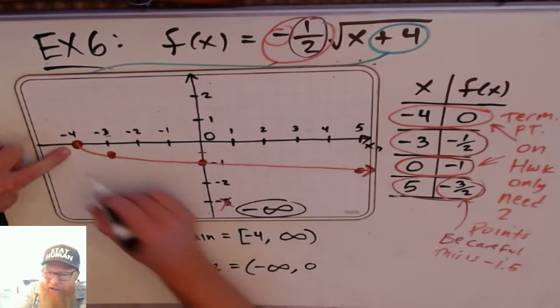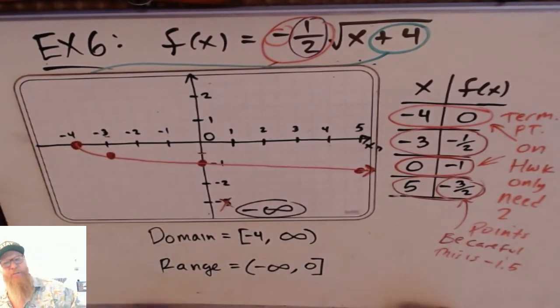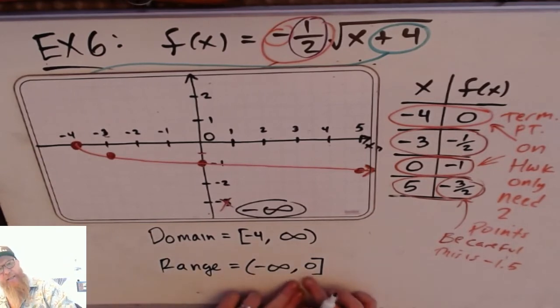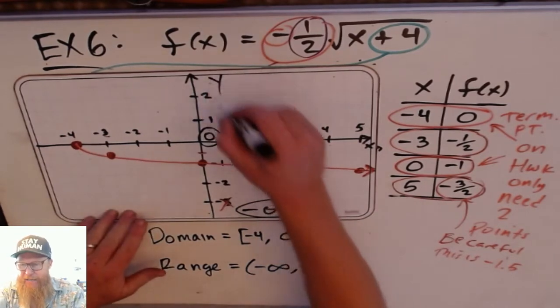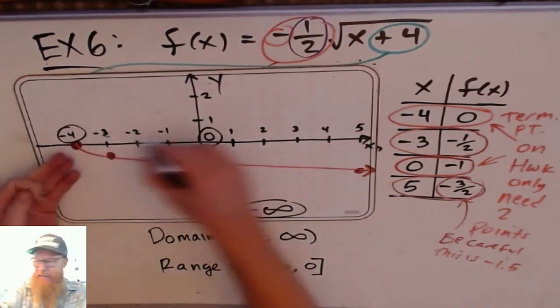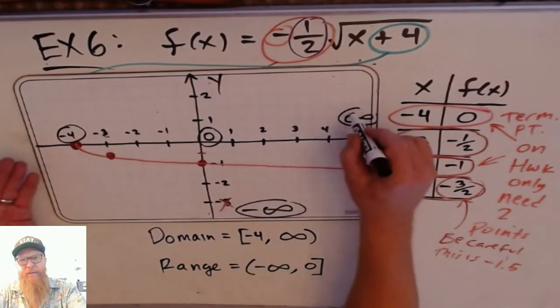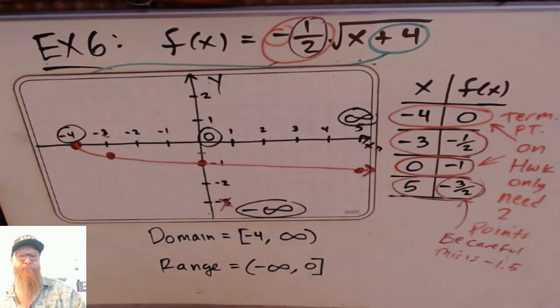The y value is not -4. The y value is 0. So the range is from -infinity all the way to 0. That's the range. This is the domain. So domain is x, range is y.